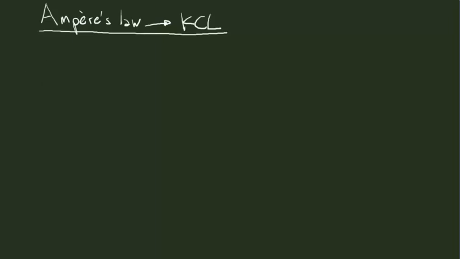The hope of this derivation is that if you're aware of what are the basic assumptions we need to take in order to arrive at Kirchhoff current law, starting from Ampere law, then it will become clear what are the mistakes that we are prone to do if we apply Kirchhoff current law blindly. That's the basic idea over here.